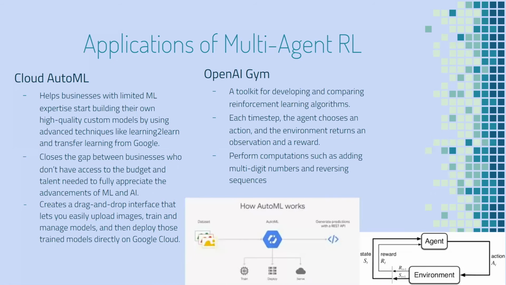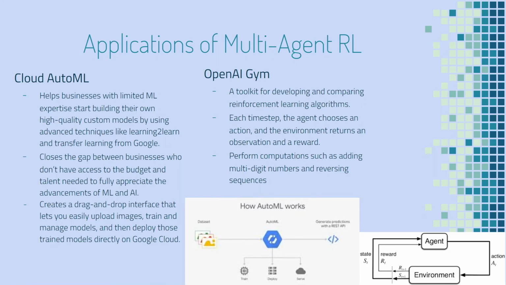Basically, it helps simplify the step for reinforcement learning for companies to more efficiently run things. As you can see below, it takes a data set and brings it to the AutoML, and then it generates a prediction based on what is put into the AutoML.